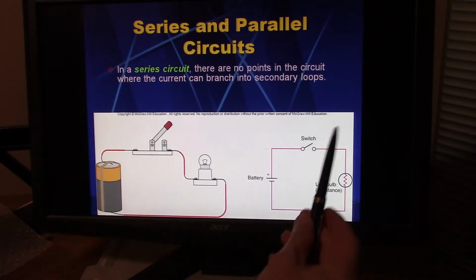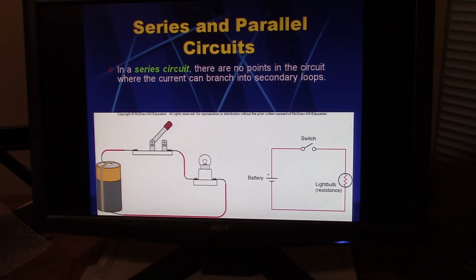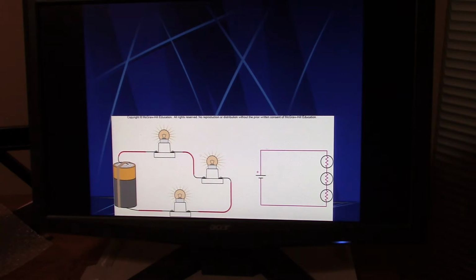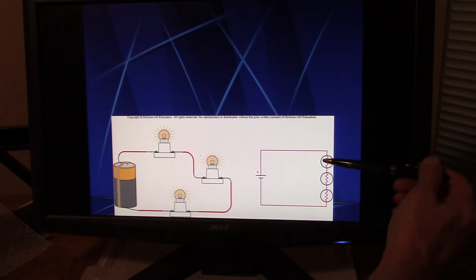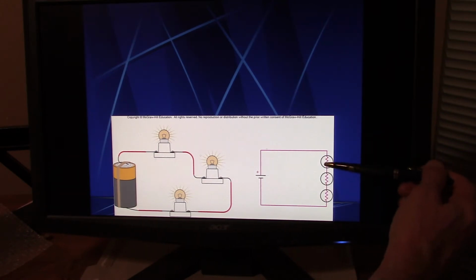So it's called a series circuit, and it just means everything goes in a line like that. You'll see what I'm saying in a second. It's a single loop. Now, if you had 3 light bulbs, you would represent that by 3 of these resistors, because there are 3 loads.